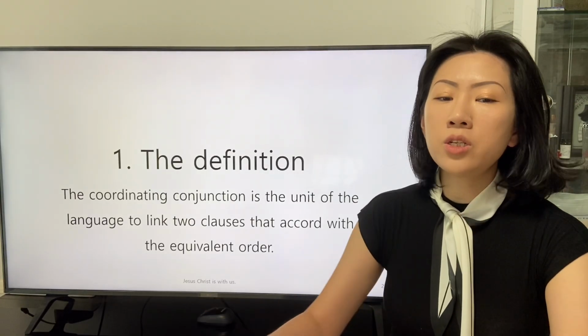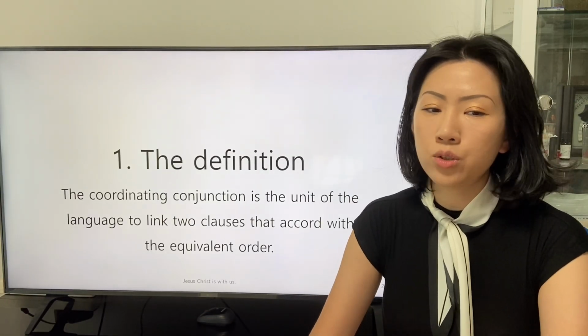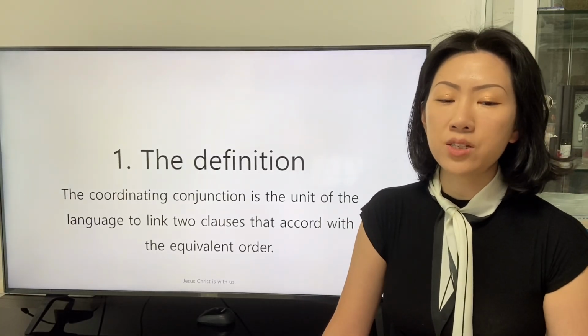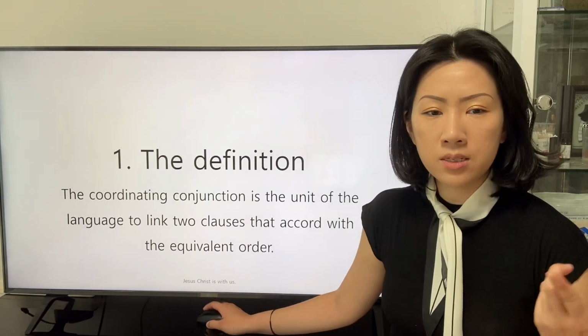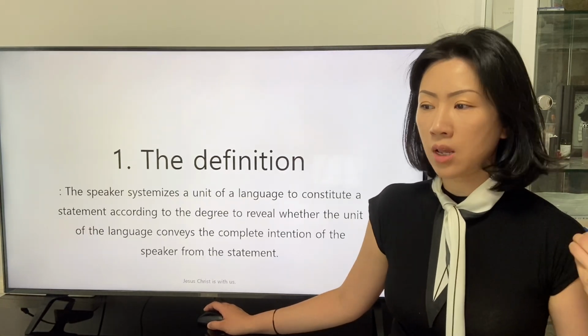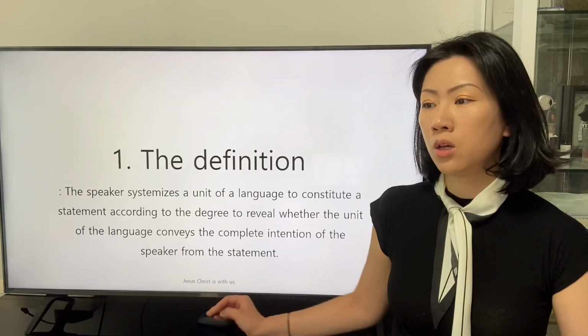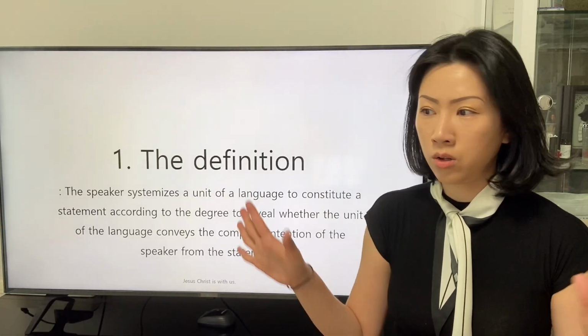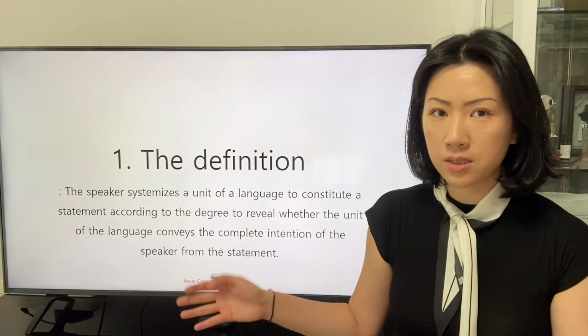The coordinating conjunction is the unit of the language to link the clauses that occurred with the equivalent order. This definition is to understand the reason why we apply the conjunction in a sentence, in a statement.